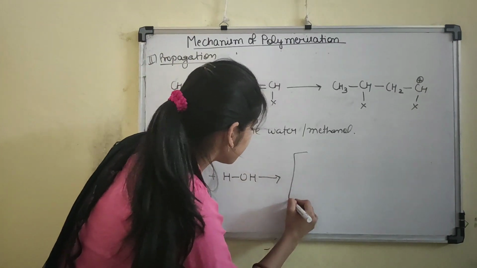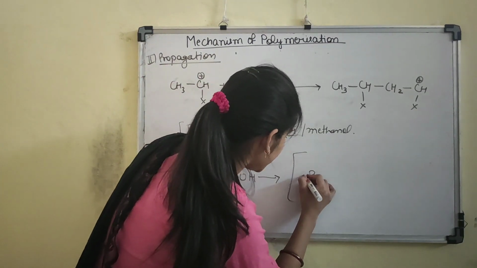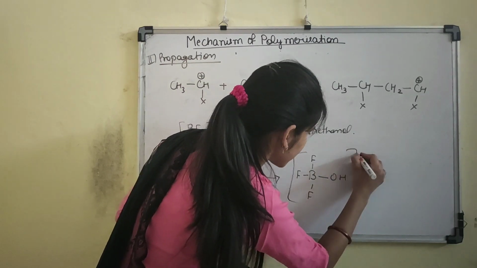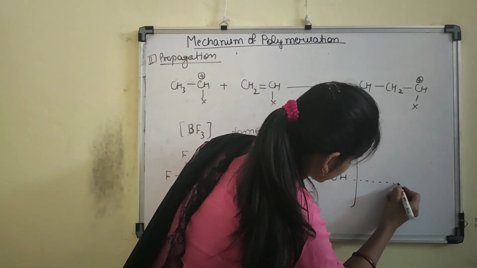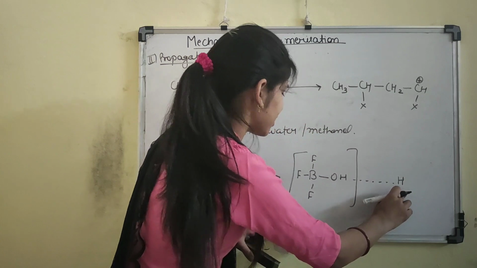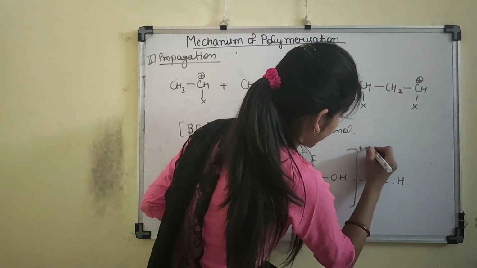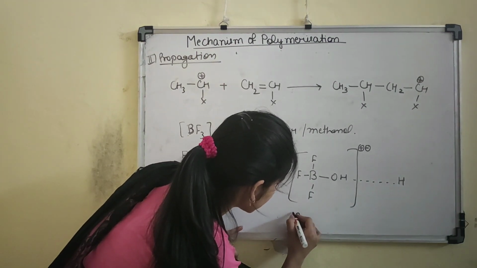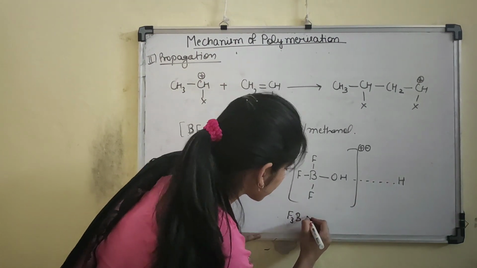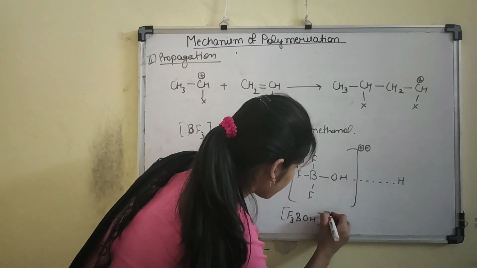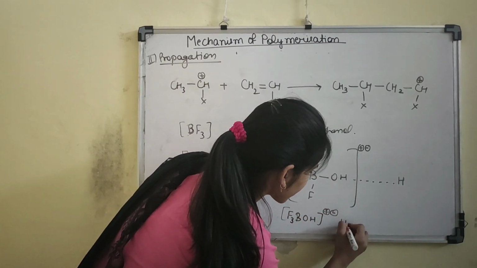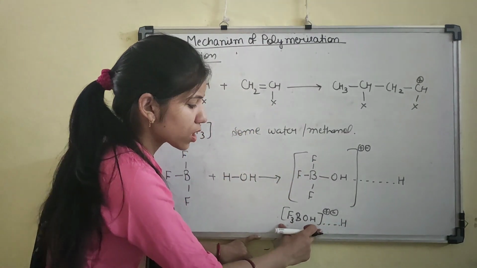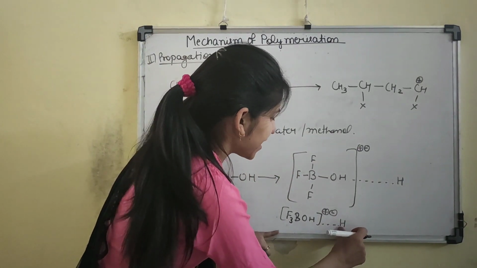They form BF3 OH with H, and there are both positive and negative charges. This can also be written as BF3 OH negative, H positive, and this is known as the counter ion, and this is known as the ionic cation.